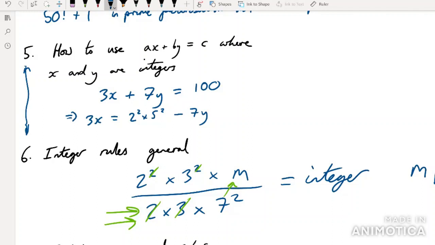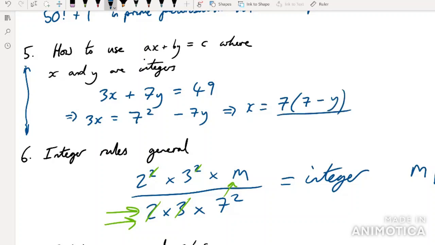In fact, no, this is not a particularly good example. So let's make a better example. Let's say equals 49. Okay, so equals 7 squared minus 7y. And so therefore, we can say that x is equal to 7 lots of 7 minus y, divided by 3.